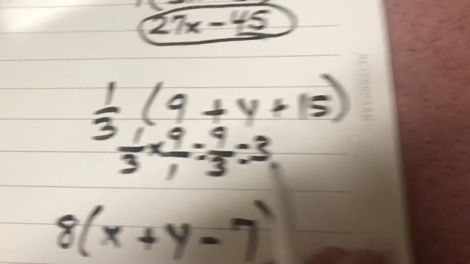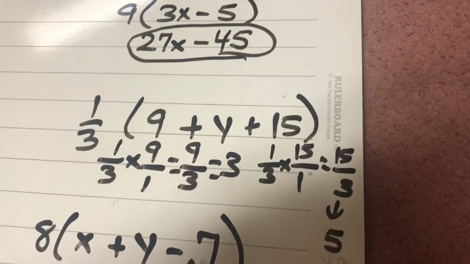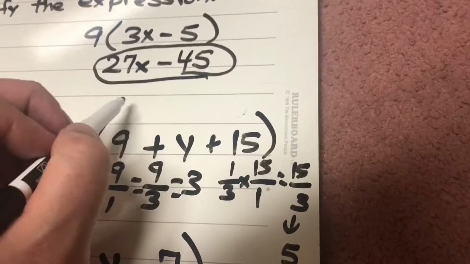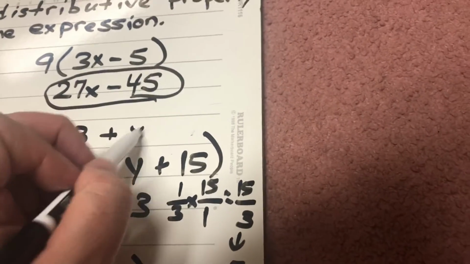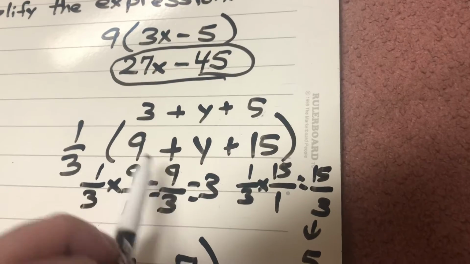And then I have 1/3 times 15. So if I come over here and do 1/3 times 15 over 1, 1 times 15 is 15. 3 times 1 is 3. I do 15 divided by 3. Well, 15 divided by 3 is 5. So I end up with 3 plus y plus 5, because the 1/3 times 9 was 3.